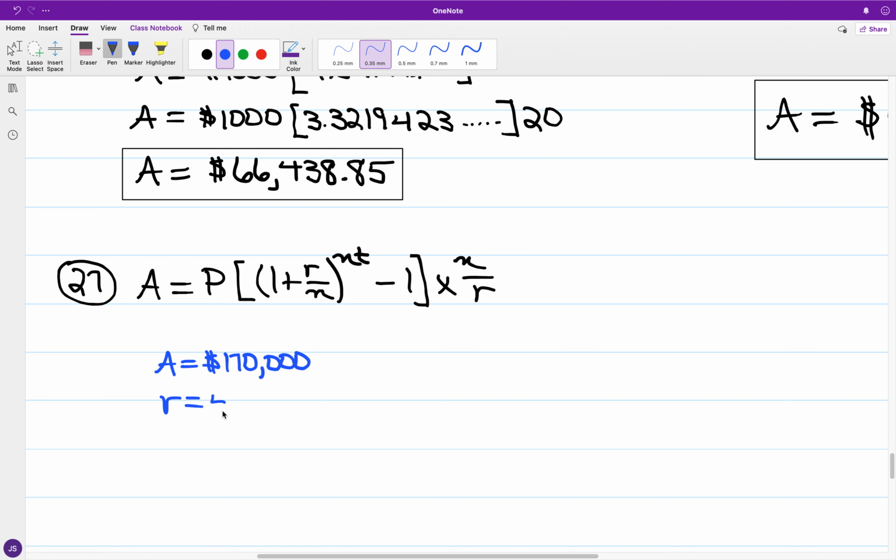And the rate we have at 5%. And we're looking at monthly payments, and also where the compounding is done monthly. And the time span, again, we have 18 years. And we're looking at solving for P.